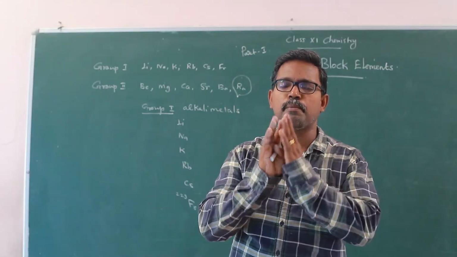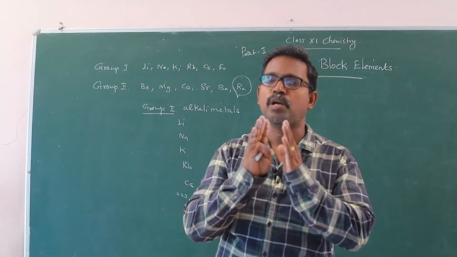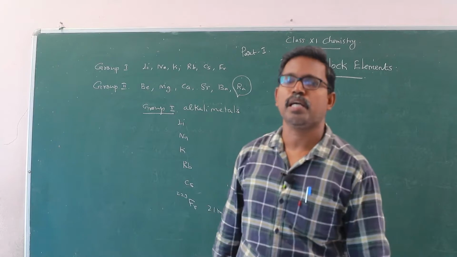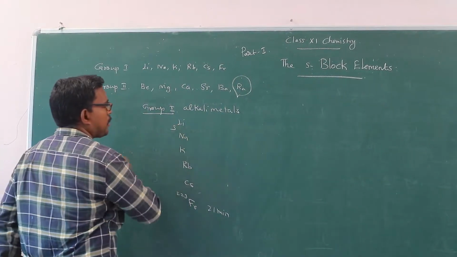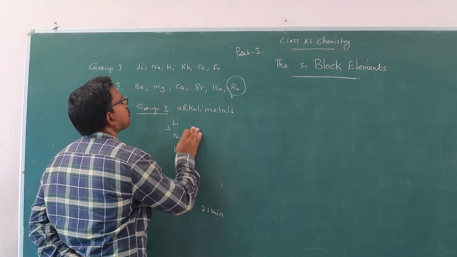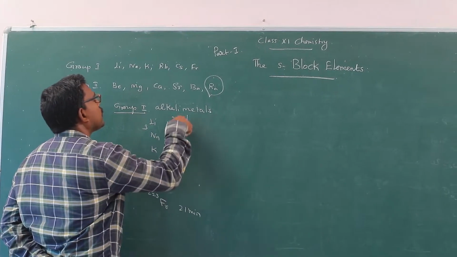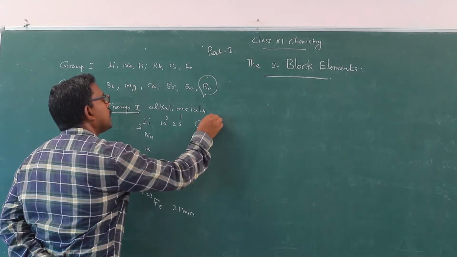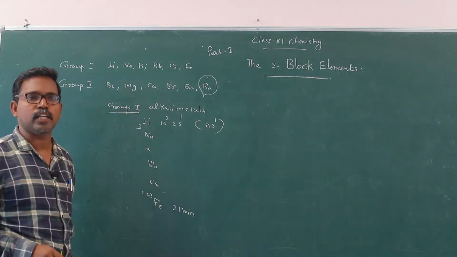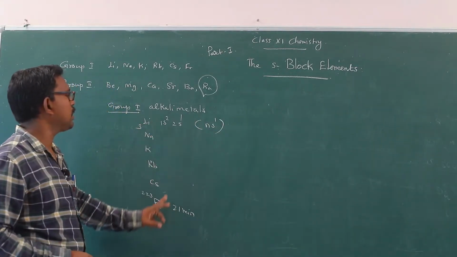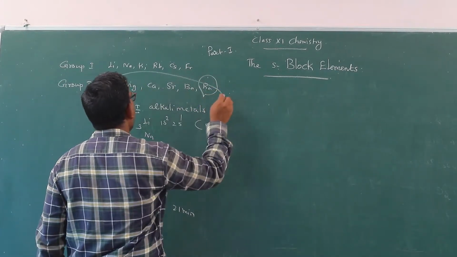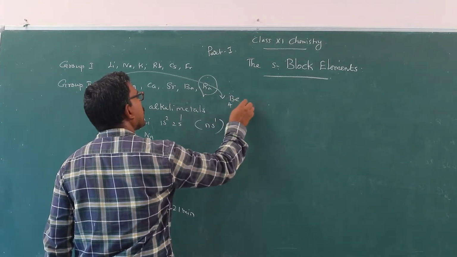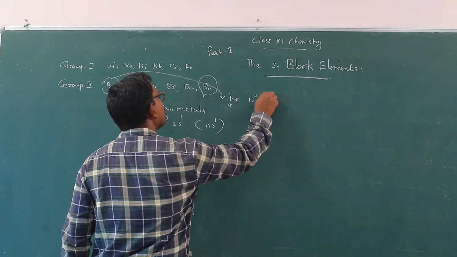What is the nature of the groups and what are the elements present in the S block? Coming to the general electronic configuration, lithium has atomic number 3, 1s2 2s1. So ns1 is the general electronic configuration of the alkali metals. For alkaline earth metals, beryllium has atomic number 4, 1s2 2s2.